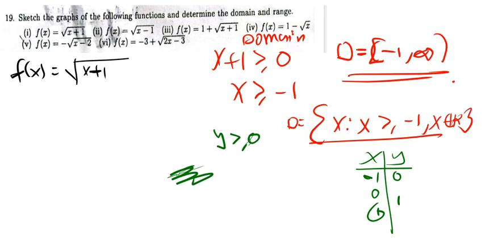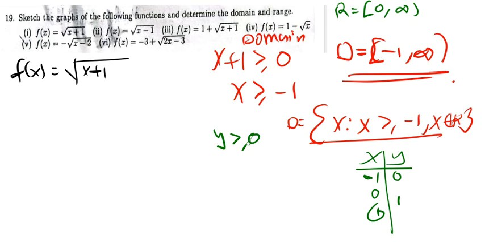Now, how do you sketch? Are we okay first before we continue? My range starts from 0 all the way to positive infinity, 0 included.